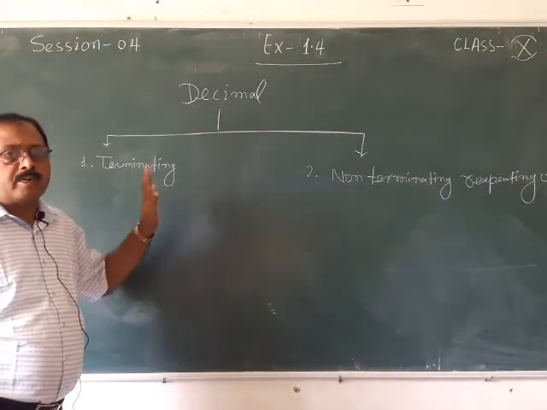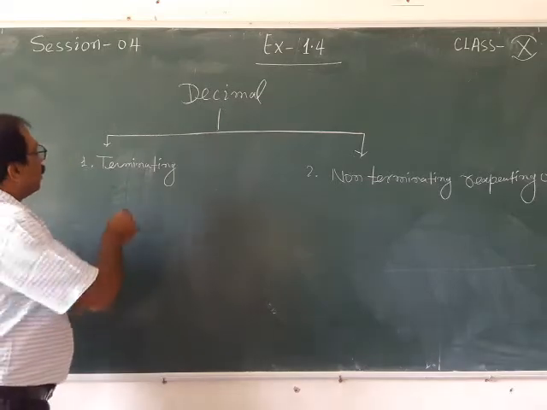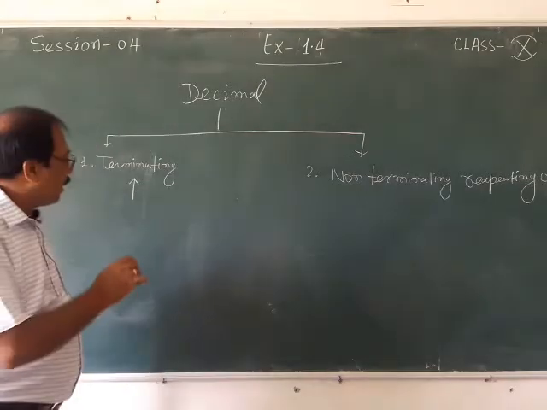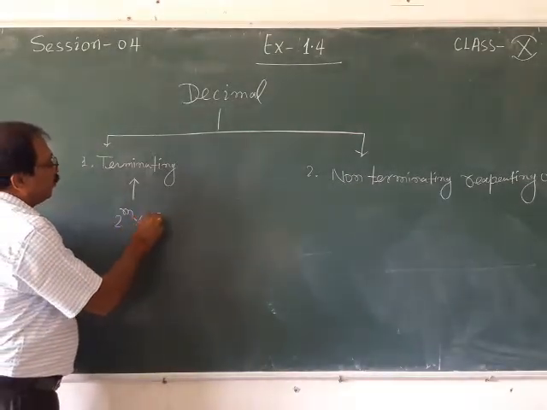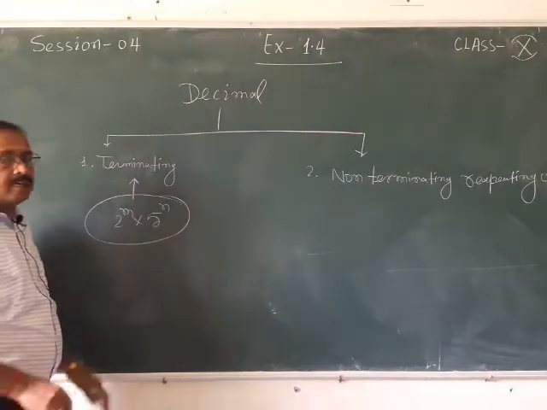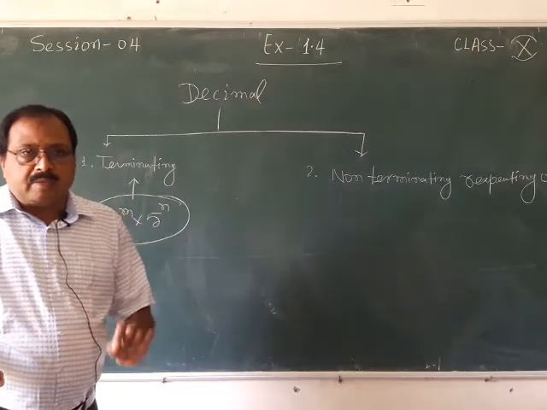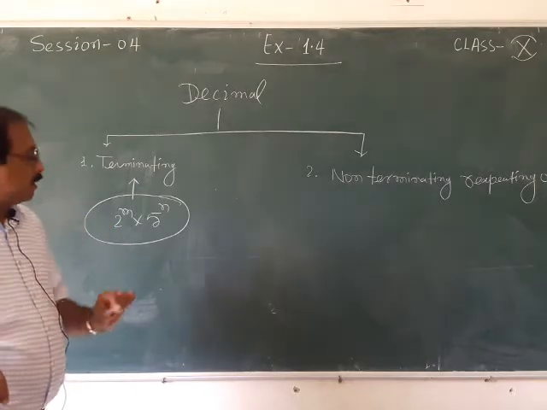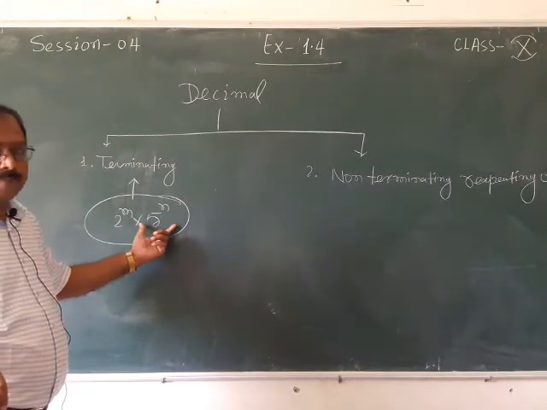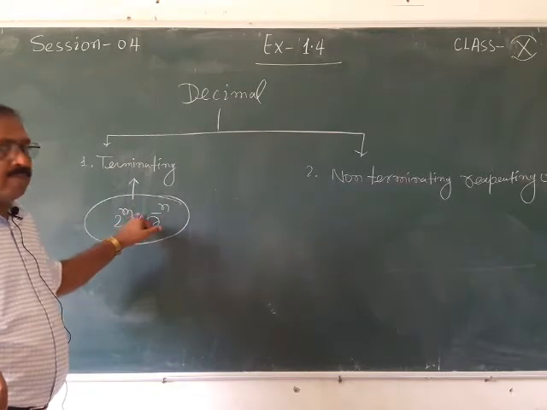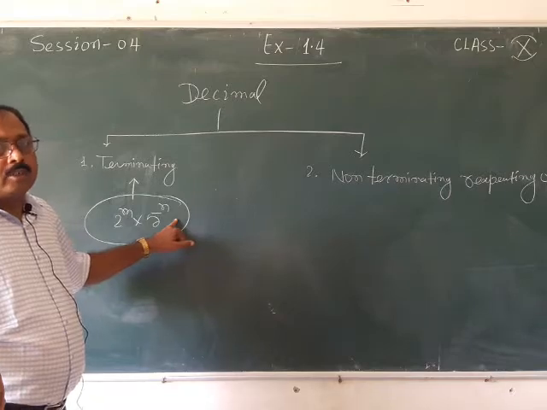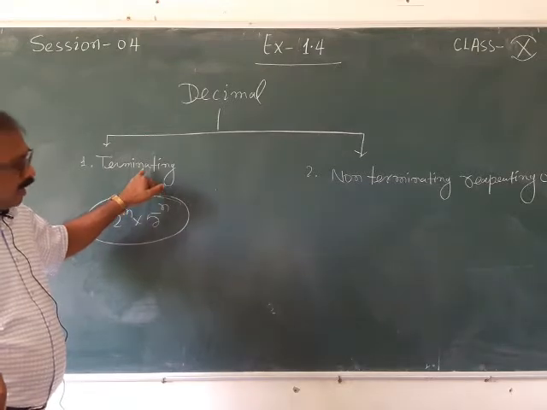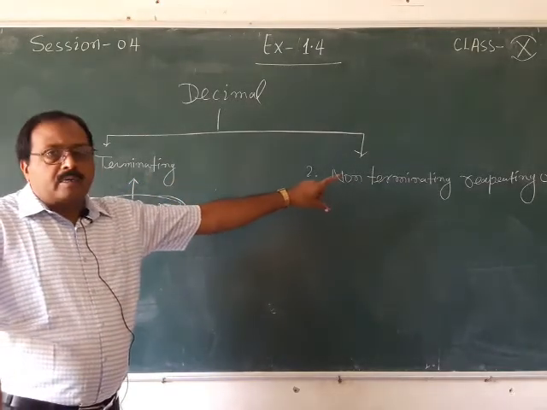First we will discuss terminating decimals. I have already told you that you need to check the denominator of the given rational number, and if the prime factors of the denominator are of the form 2 to the power m into 5 to the power n, where m and n are both non-negative integers, then the decimal is terminating. The other is the non-terminating repeating decimal.